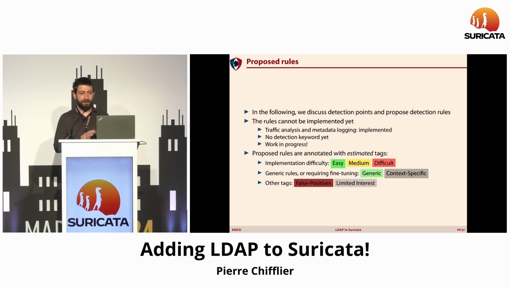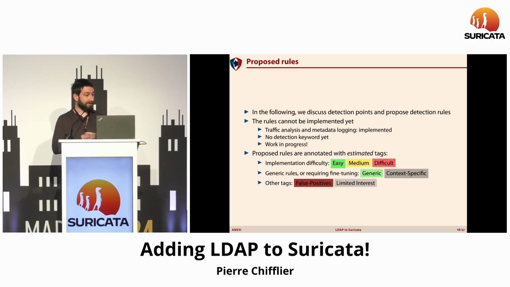Currently, there is no detection keyword, so you can do the proposed rules by storing the metadata outside, because the logging features are implemented. So you can filter the logged information and do the detection outside for the moment. But the intention is to add the detection keywords as soon as possible to do that inside Suricata and do that better, of course.